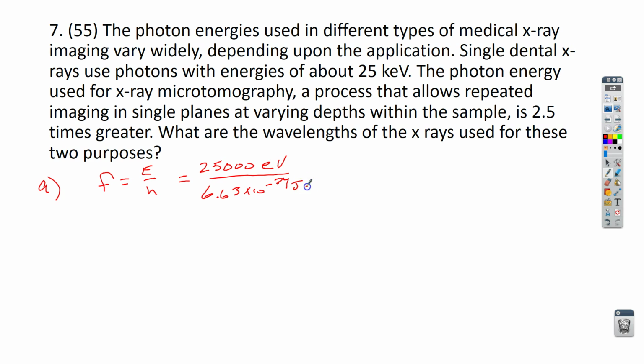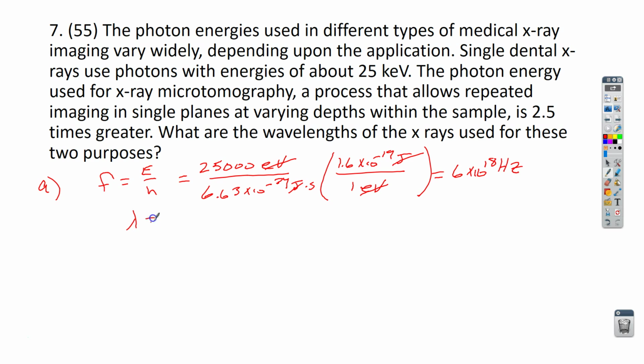That's in joules times a second. So we need to convert this to eV. So that'd be 1.6 times 10 to the negative 19th joules for every 1 eV. That way the joules cross off and we're left with a frequency, which is something over a second. So this is 6 times 10 to the 18th hertz.